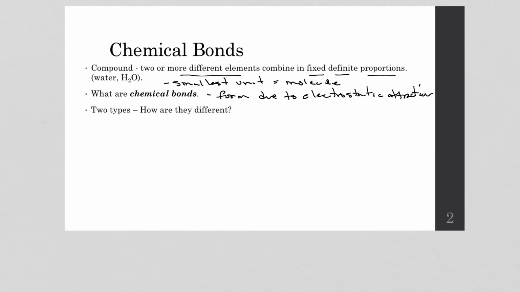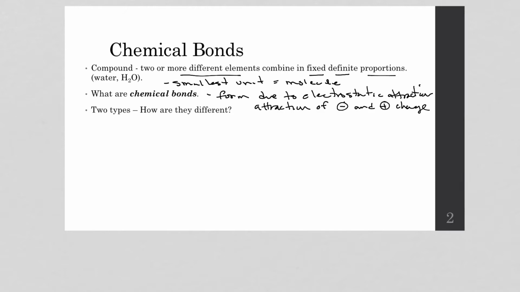And what this simply means is attraction of opposite charges. So all types of bonds that we're going to talk about ultimately come down to being formed by attraction of opposite charges.